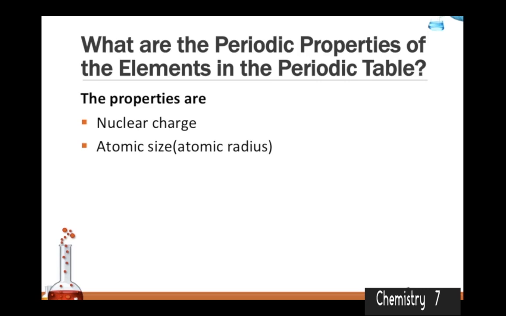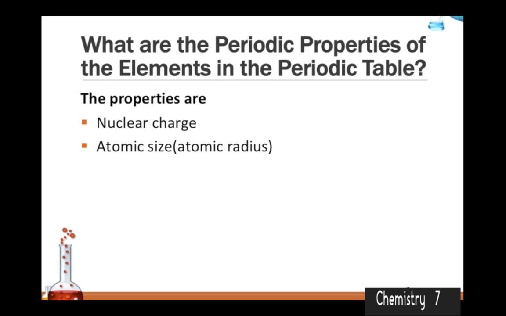Atomic size, or atomic radius. This is the distance from the nucleus to the outermost shell of an atom. Atomic size decreases in going from left to right across a period. This is because across a period, the number of protons in the nucleus increases, but electrons are being added to the same shell of the atom.